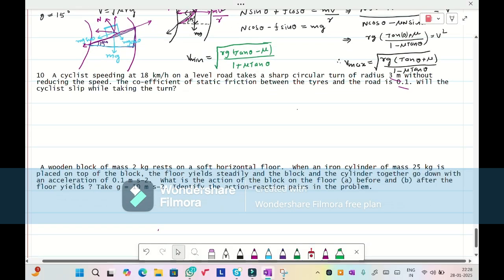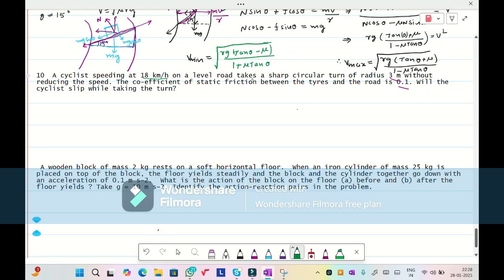Last two questions. A cyclist speeding at 18 km per hour on a level road takes a sharp circular turn of the given radius without reducing the speed, meaning he is moving at the limit speed.